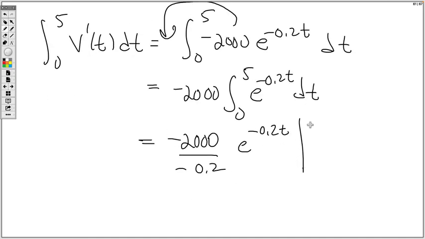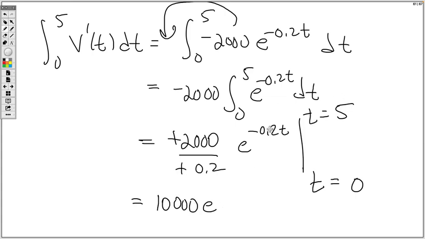And since this is a definite integral, I'm evaluating this from t equals 0 to t equals 5. I've got a negative over a negative, which is a positive. The 2's will cancel, and then I'm taking 1,000 divided by 1/10. So that would be 10,000 e to the, plug in the 5, minus 10,000 e to the, plug in the 0.